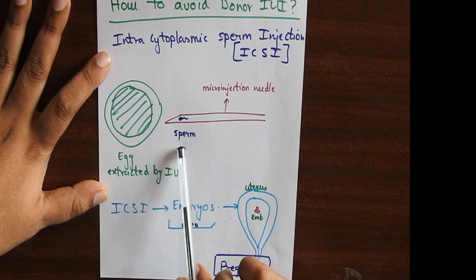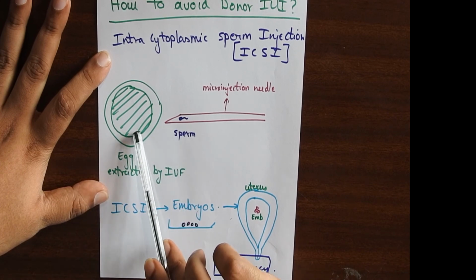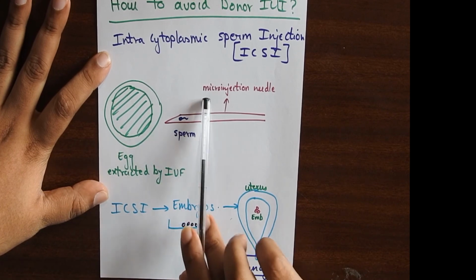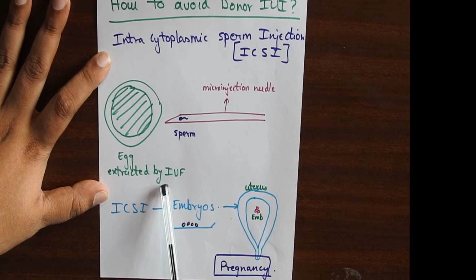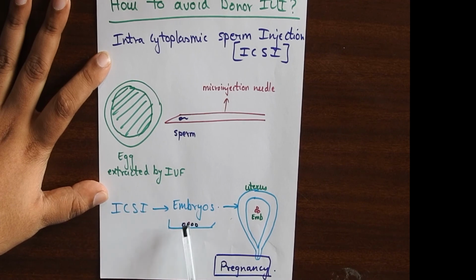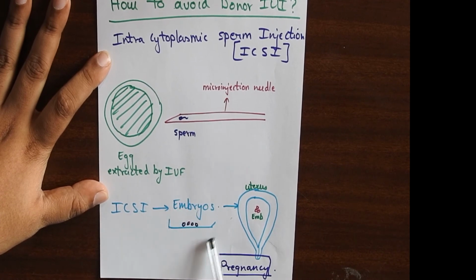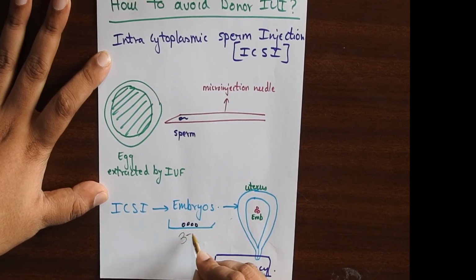These healthy sperm samples which have been obtained from the husband are then micro injected into the egg using a micro injection needle. All this happens below a microscope, which is called an inverted microscope. This process is called ICSI. After the process of ICSI, what we get is embryos which are kept on the petri plate to mature between 3 to 5 days.